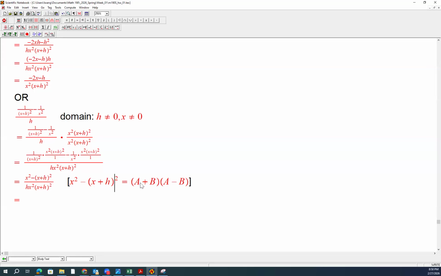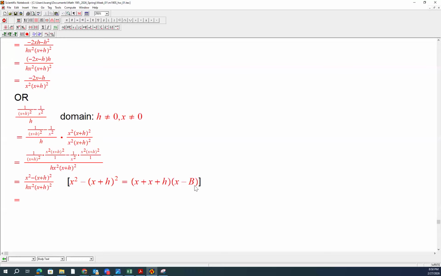So a is x, b is x plus h, and this b is x plus h. And be careful, we need to insert a little parentheses and make that a bracket just to make sure we don't make any unnecessary error. See, that's how we apply this a squared minus b squared.